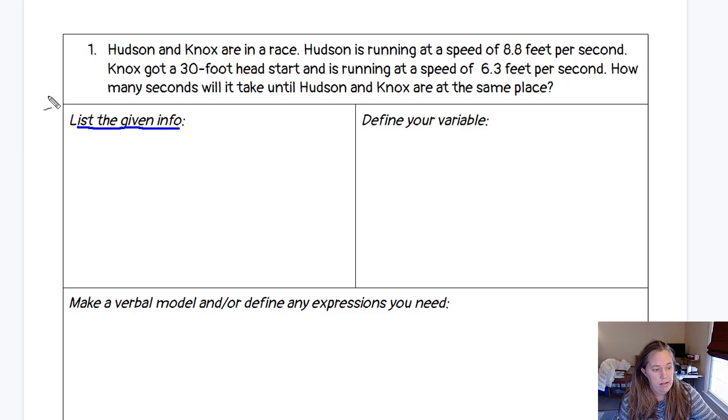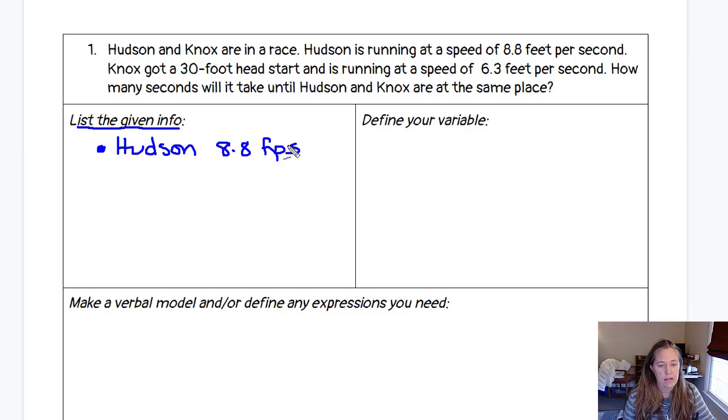Okay, so listing the given information, I use little bullet points. And I just take all of the information in the word problem and put it in a list. So Hudson is 8.8 feet per second. And I try to make the list as brief as possible. Knox, 30-foot head start.